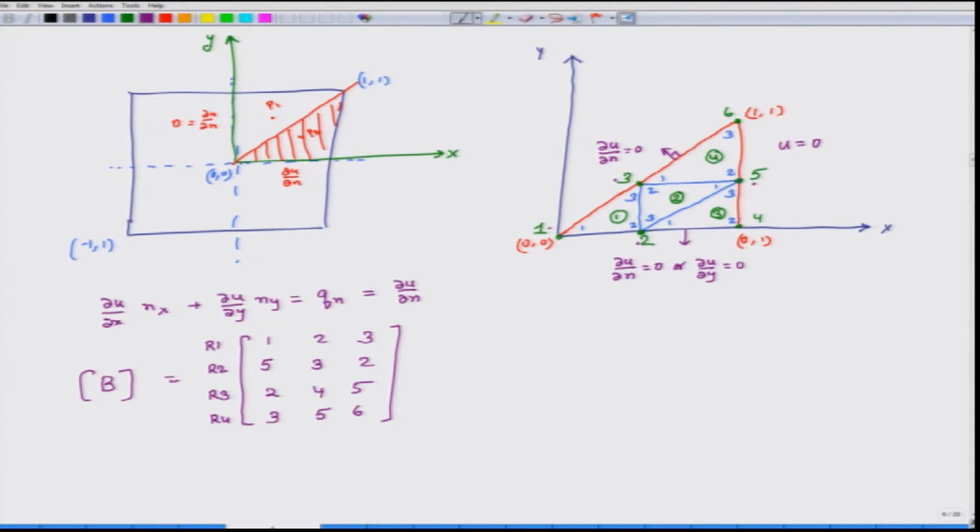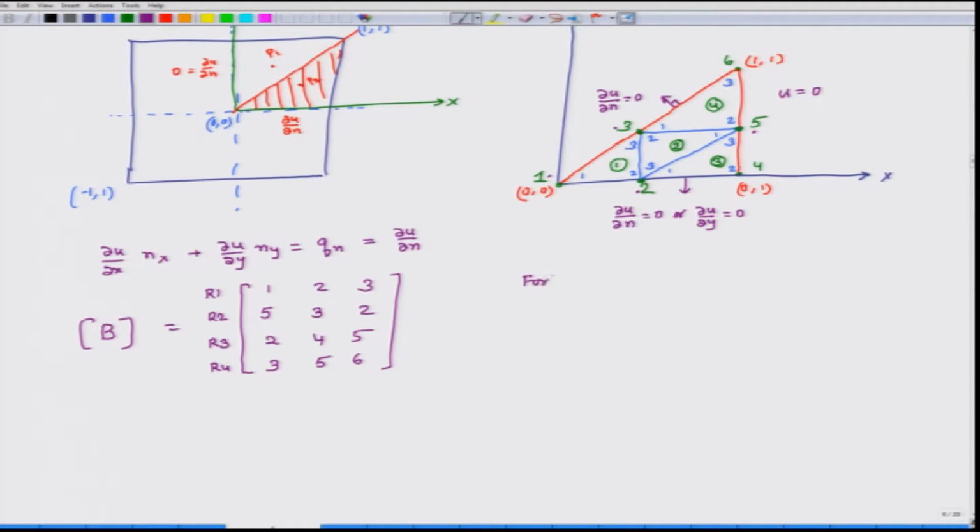For each element we will have an equation Ke UE equals FE plus QE. How many equations will we have for each element? 3, because each element has 3 nodes.